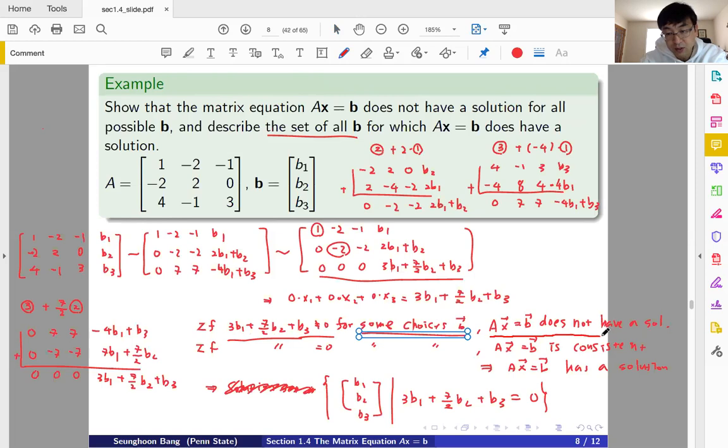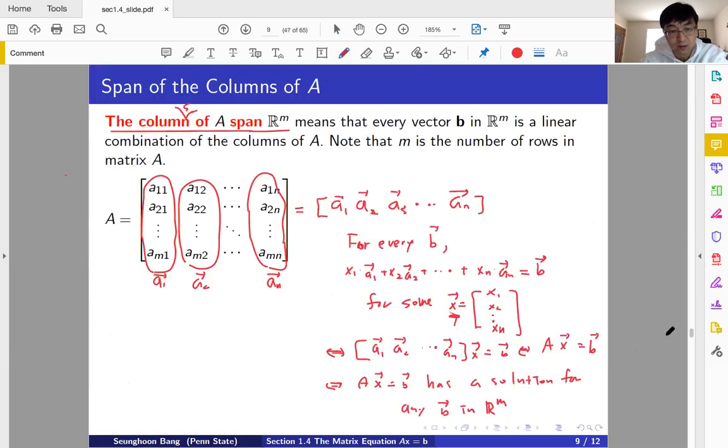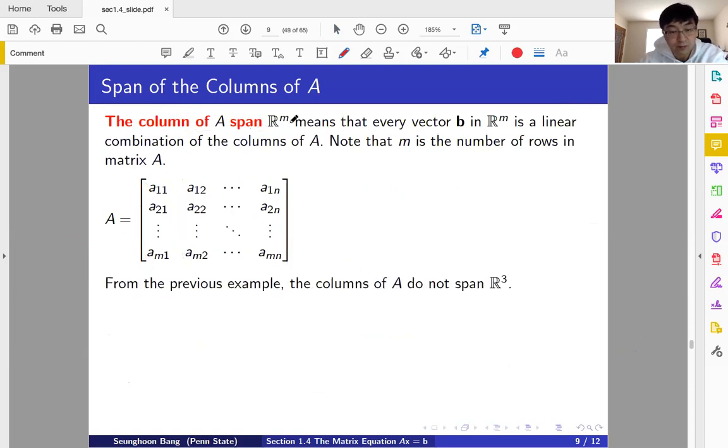Then Ax equals b does not have a solution. So Ax equals b does not have a solution for some b, which means the columns of A do not span Rm.